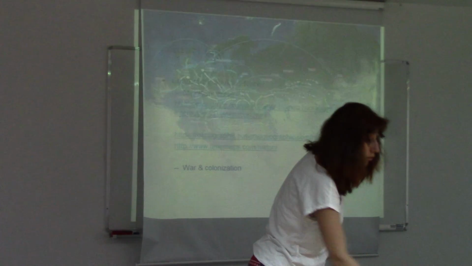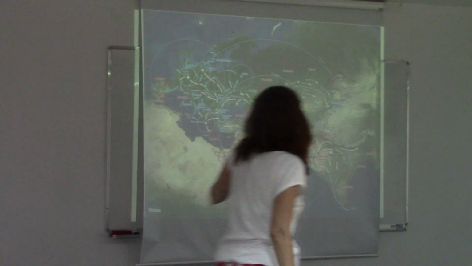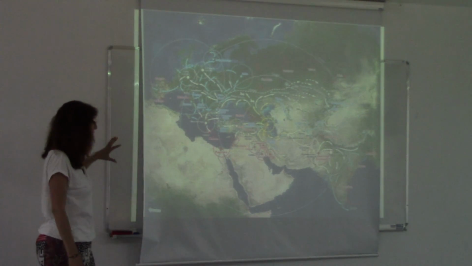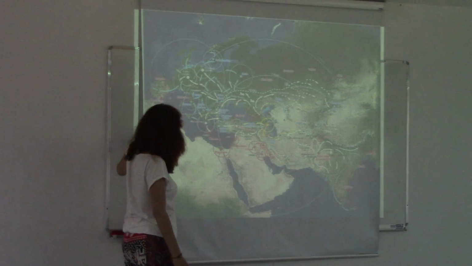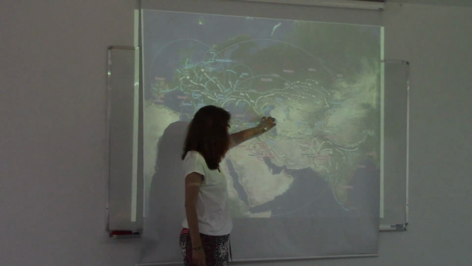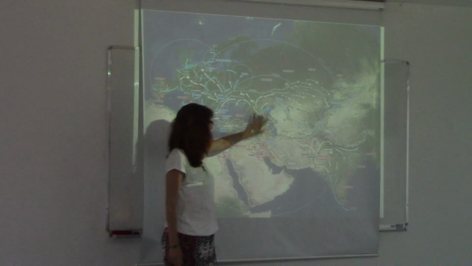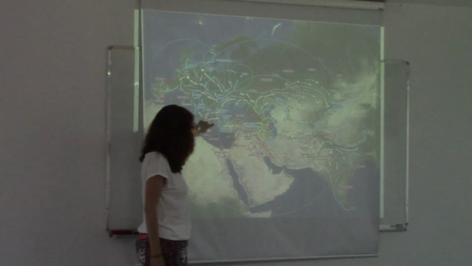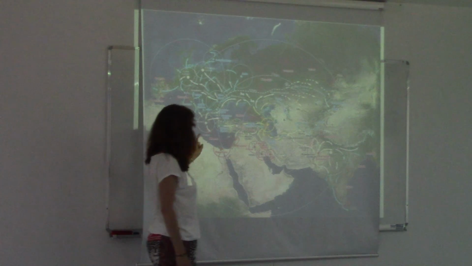Now, more peaceful contacts, and then I thought of this, also a nice spread of the Indo-Europeans. So the heartland is assumed to have been somewhere in the eastern Caucasus, and the white circles show the spread.